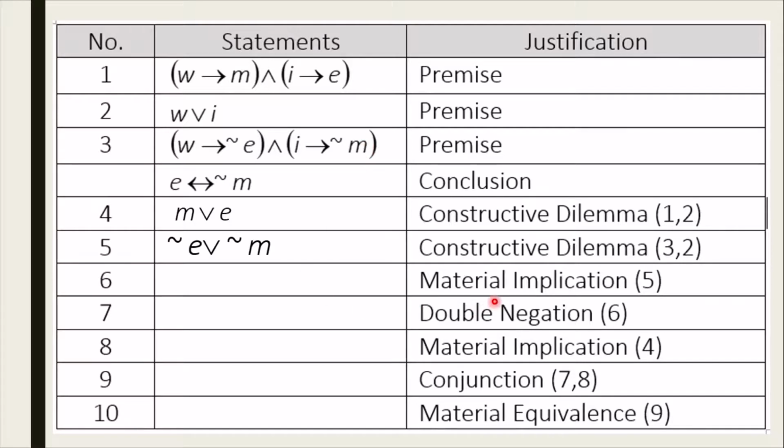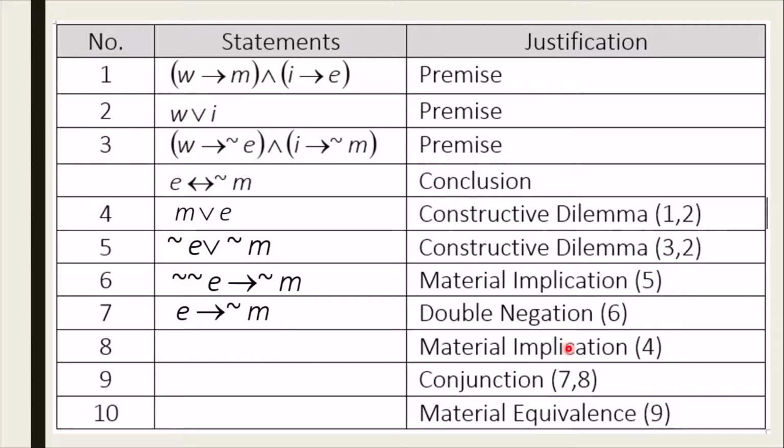Now using our rule of replacement, which is the material implication, for number 5, we can change this form into not E implies not M using MI, or material implication. Now, as you notice here, since we have a negation of a negation of E, then we can change this form into E implies not M using double negation on 6.